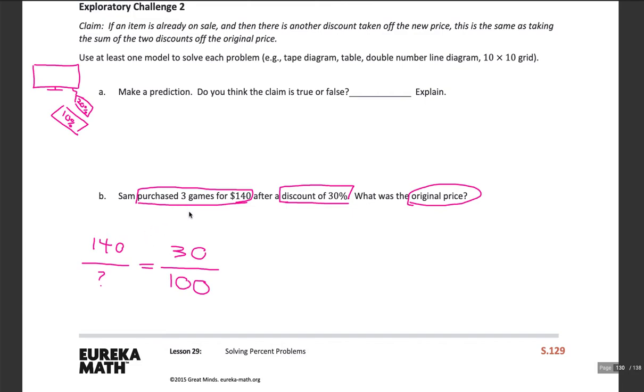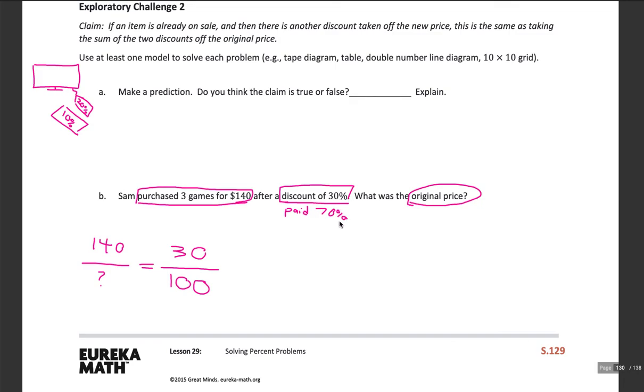So what you have to do is, we don't know the original price. So we don't actually know how many dollars were discounted. But if you know that the discount is 30%, you know that you paid, if it was discounted 30%, that means we paid 70%.